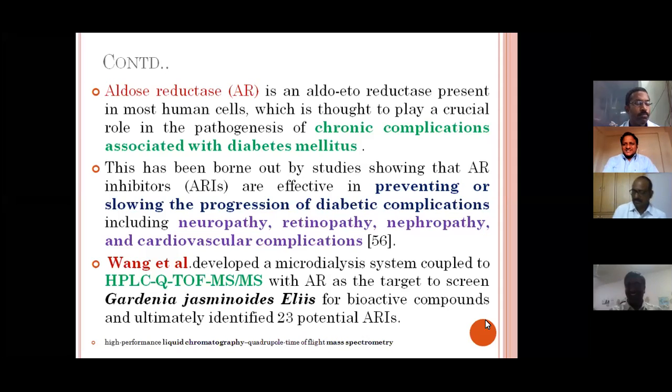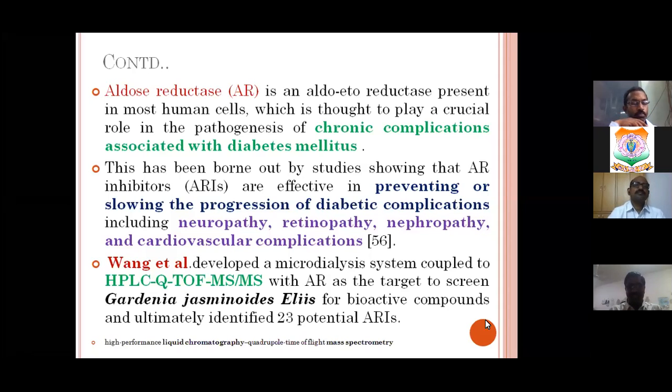It's okay, sir. With one example of microdialysis, as we all know, they have taken an enzyme. Here it is aldose reductase, one of the enzymes present in human cells. It is very important and plays an important role in many pathological conditions of diabetes mellitus. With this enzyme, we can prevent various diabetic complications such as neuropathy, retinopathy, nephropathy, cardiovascular complications.